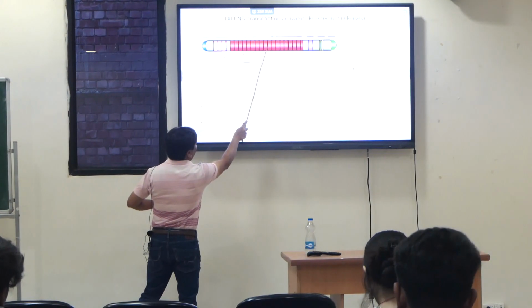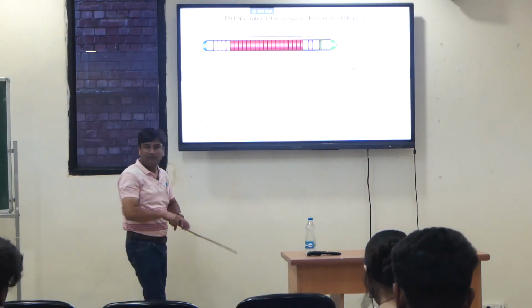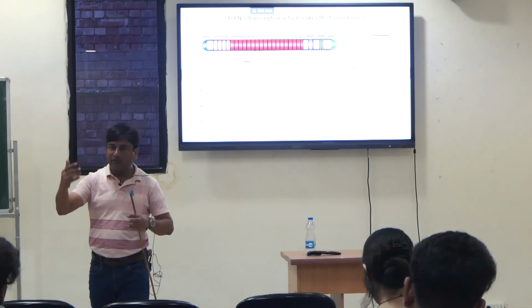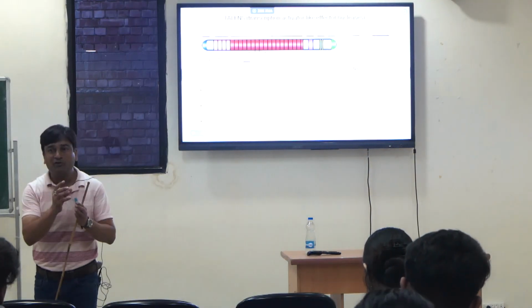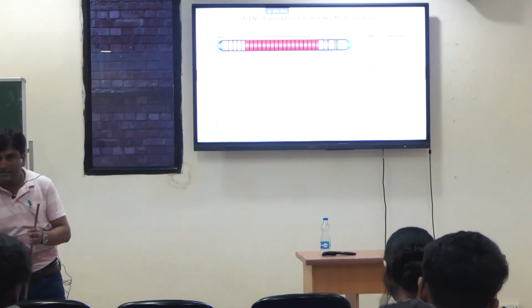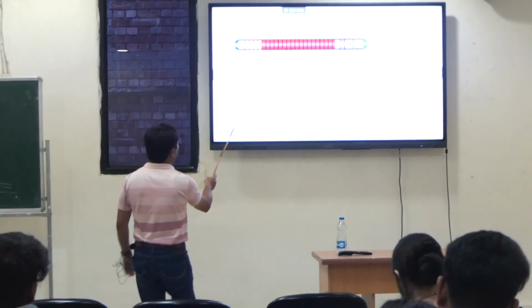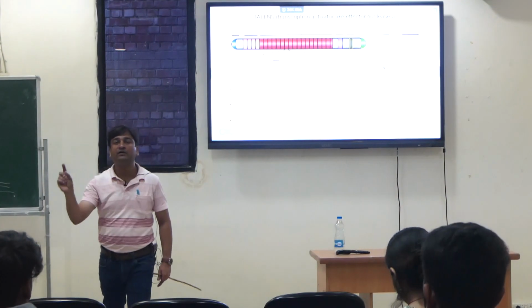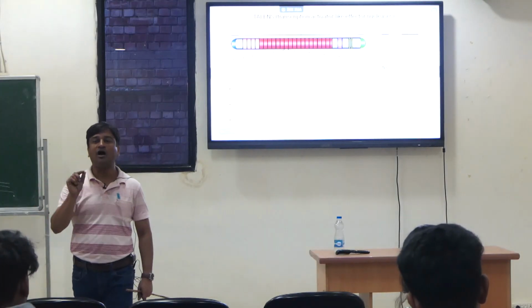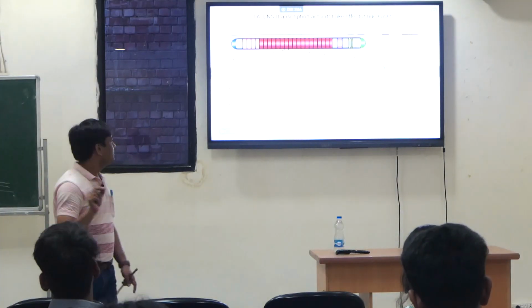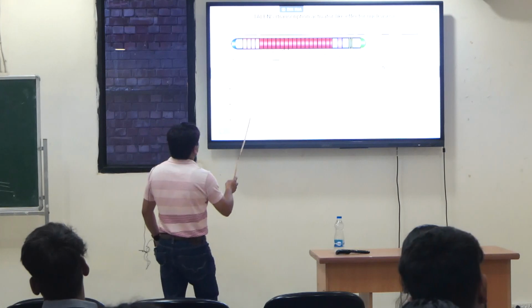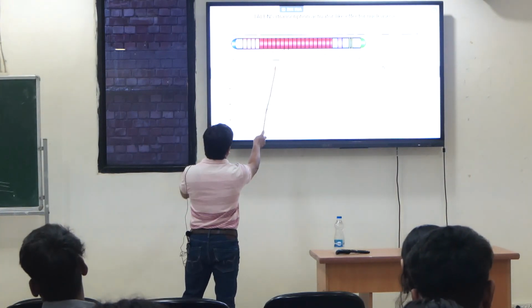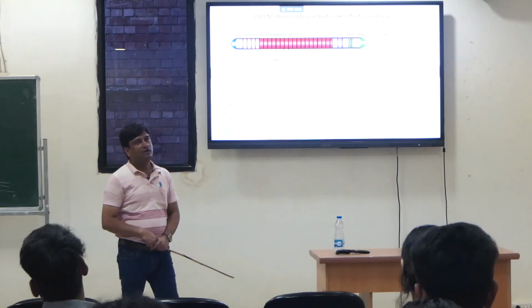You see these red rectangles, tethered together, arranged in tandem. They can be variable in number, but their sequences are quite conserved, except for two highly variable amino acids at the 12th and 13th positions, called the RVD, repeat variable di-residues.